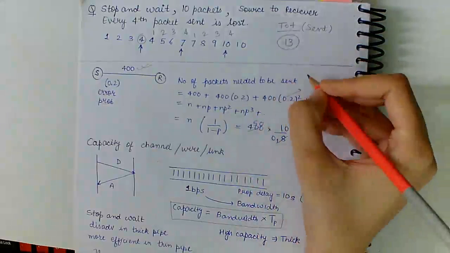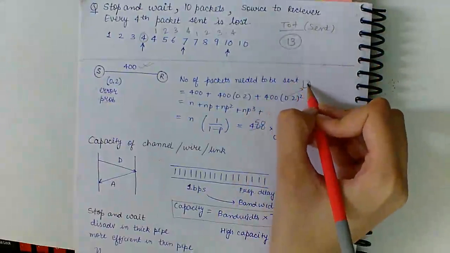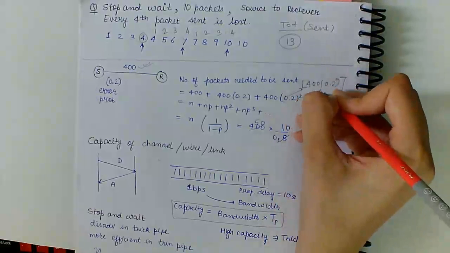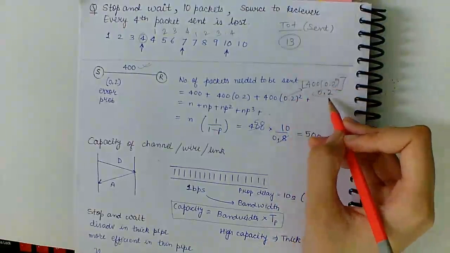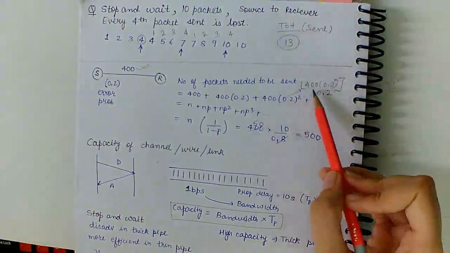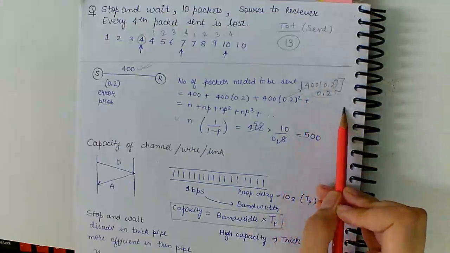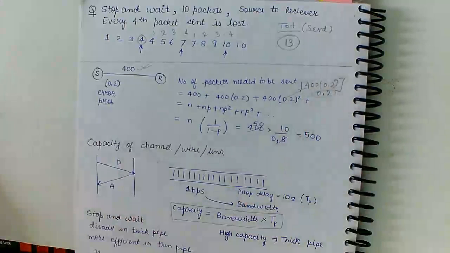And similarly for this it is 400 into 0.2 into 0.2, and we keep doing this.